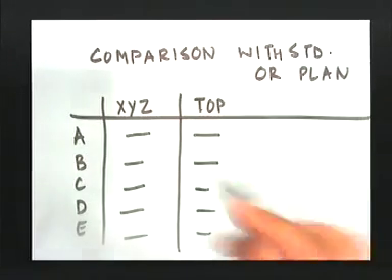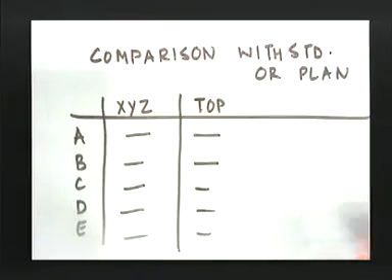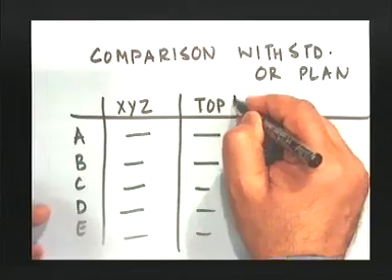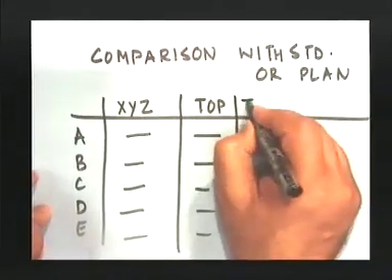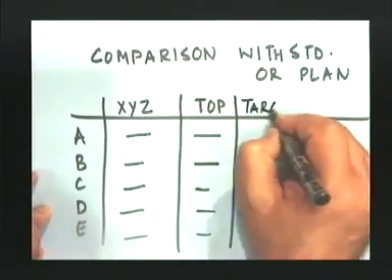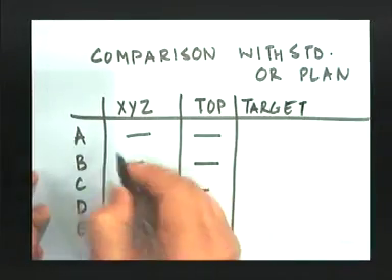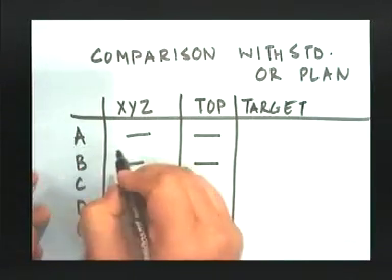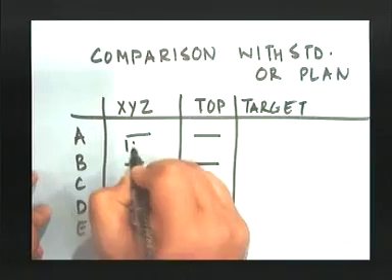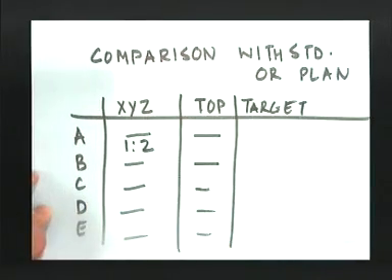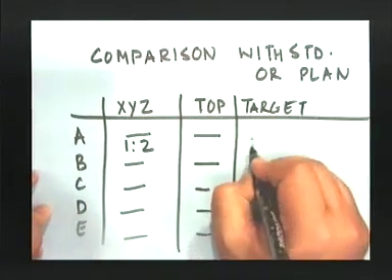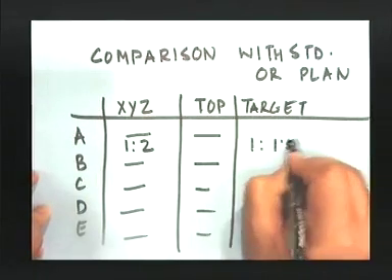Now, if you do not want to do this analysis, because you find that the top is at a very high level and you can't go there in one simple step, in that case you have a target. For example, the value of ratio A is 1:2 right now, and you have a target to reach 1:1.5.